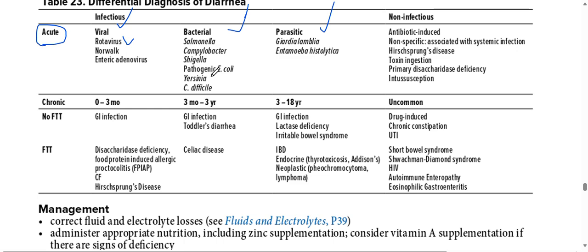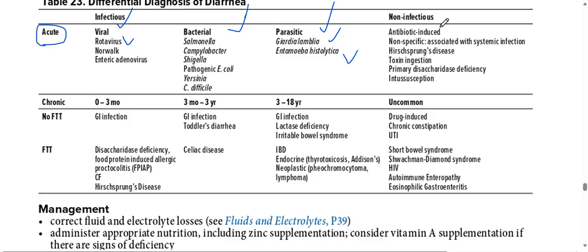So, what are the bacterial causes? E. coli, Salmonella, Shigella, Campylobacter, Yersinia, Clostridium difficile. Then parasitic: Giardia lamblia causes giardiasis, and Amoeba histolytica. They are both parasites, so they can cause parasitic acute diarrhea.